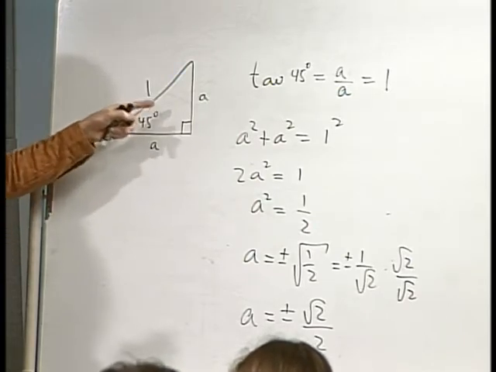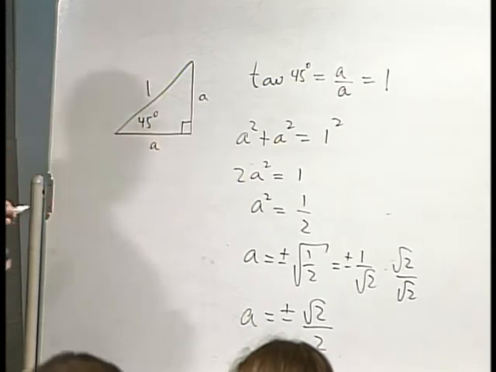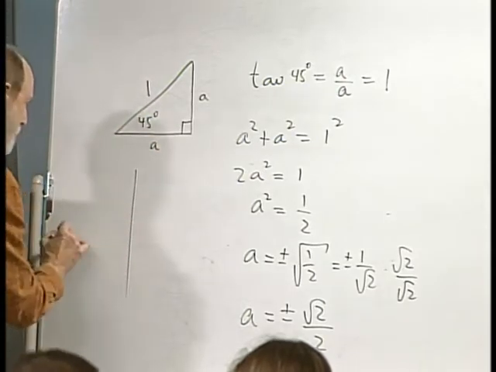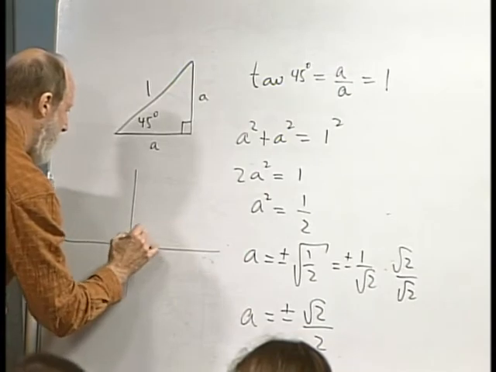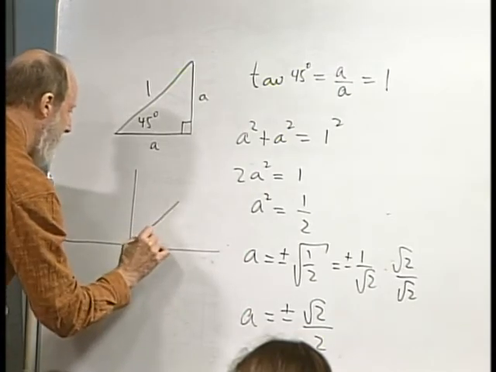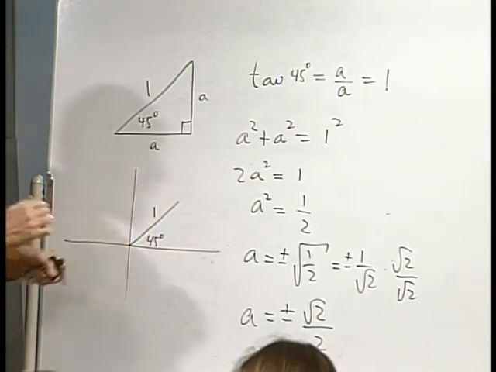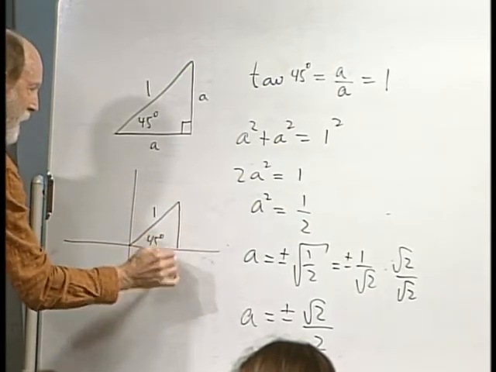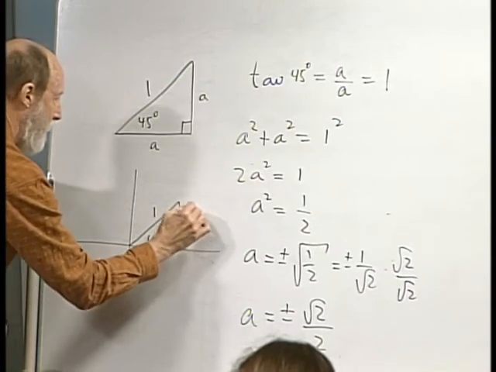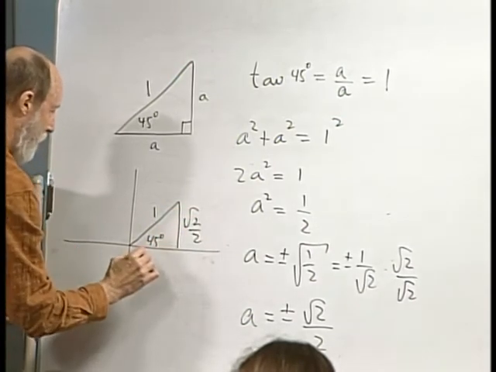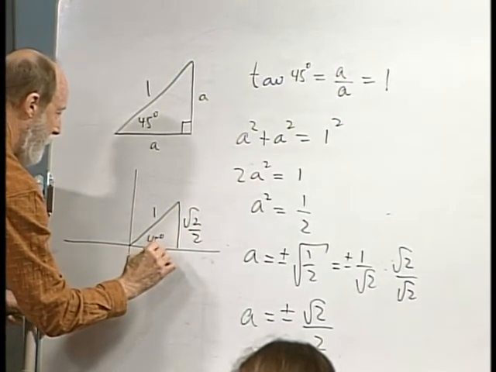If we lock this into our xy coordinate system, and we have an angle at 45 degrees, and a terminal side of length 1, then this height right here is going to be square root of 2 over 2, and this leg right here is going to be square root of 2 over 2.